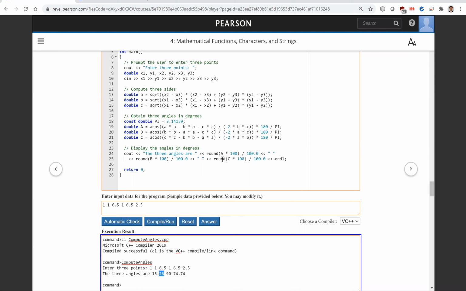This is what you have: you take A times 100, round it, and then divide by 100.0. So this will have 2 digits after the decimal point. And so this is angle A, 15.26 degrees, 90 degrees, 74.74 degrees, for A, B, C.